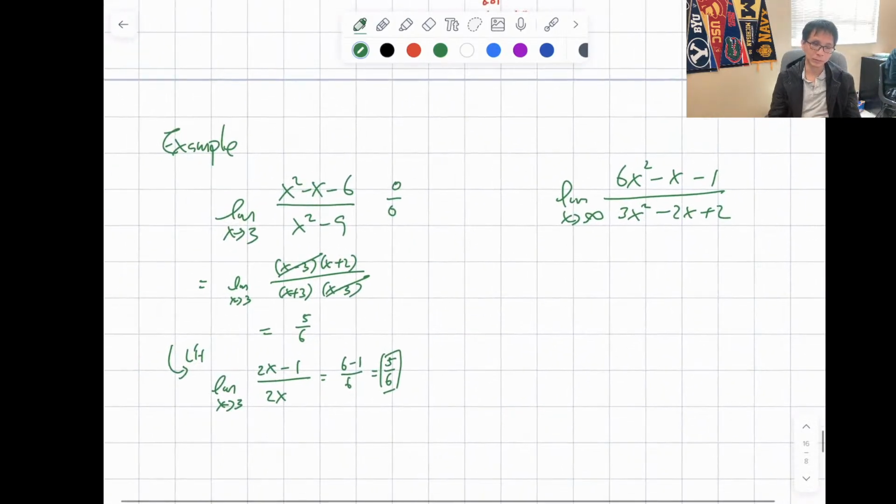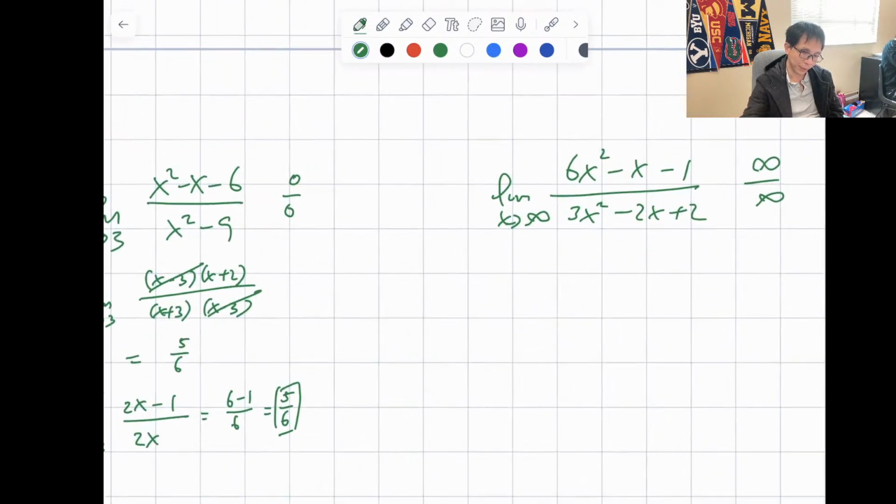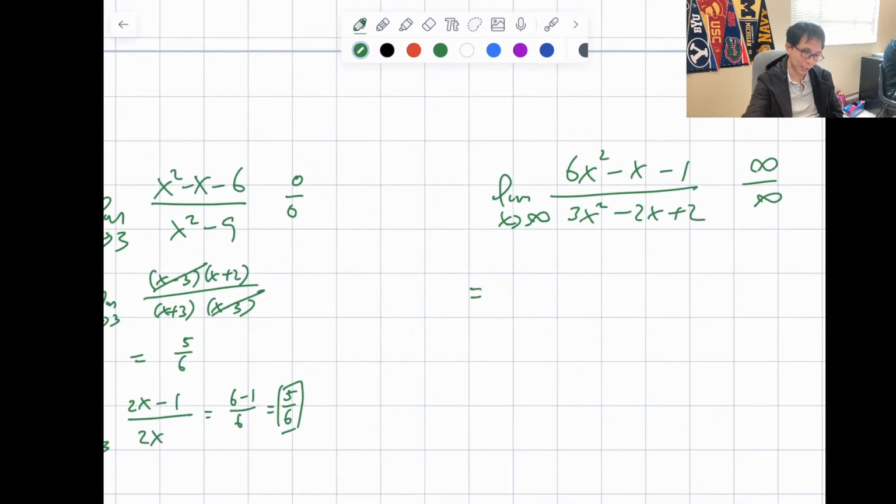Mr. Jim, yep. If when you do it the first time, it's indeterminate, can you do it again? You can do it again. That's what I'm going to do right now. Oh, okay. So if I go in this, and I don't want to write out those things that I'm looking for, so infinity over infinity, because I'm just pretending this is an MCQ question. I don't have to write it out. This one's going to be infinity over infinity.